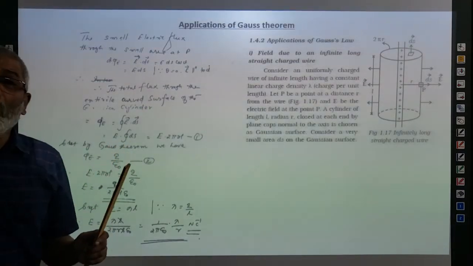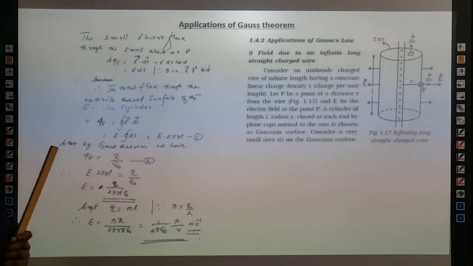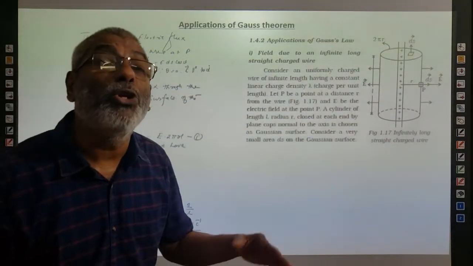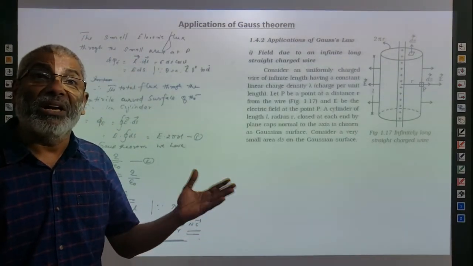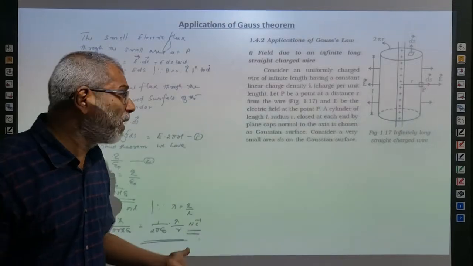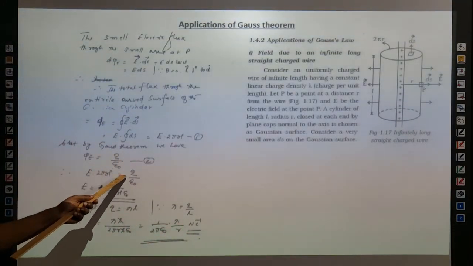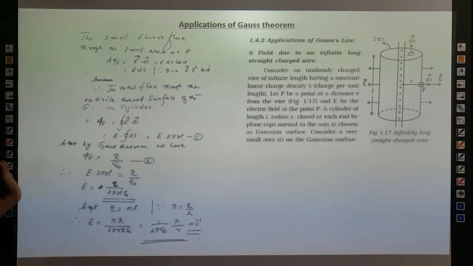But by Gauss theorem, everybody knows Gauss theorem. According to Gauss theorem, the surface integral of the electric field is also called the total flux. Total flux phi is equal to Q by epsilon 0. This is equation number 2.